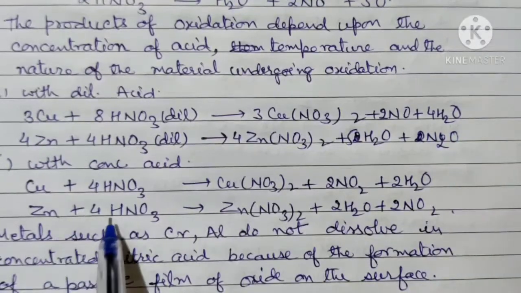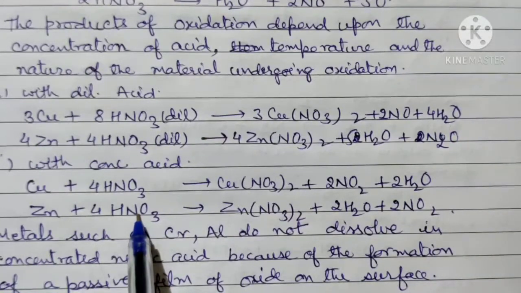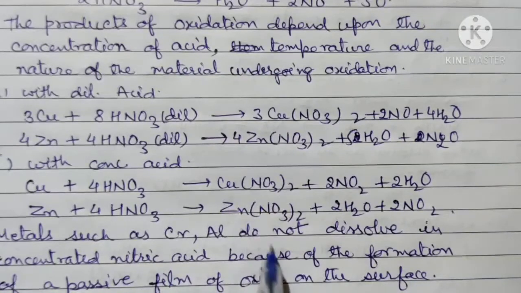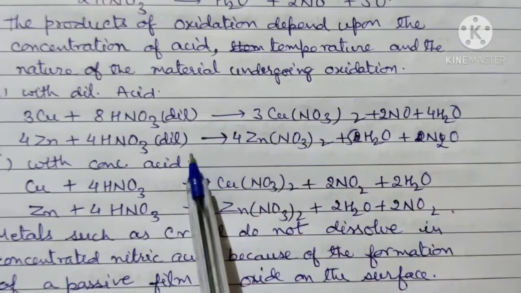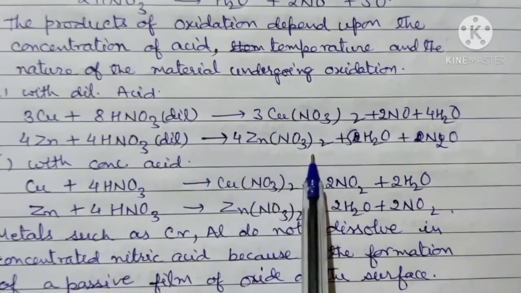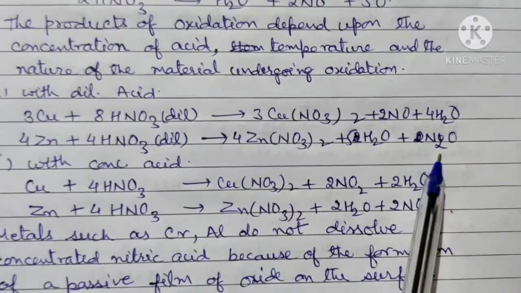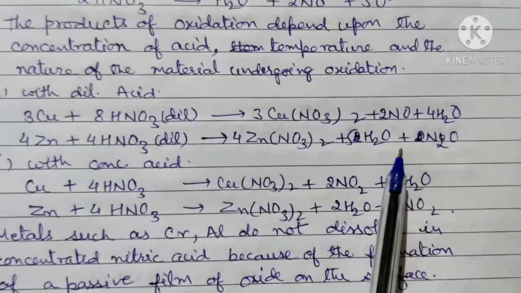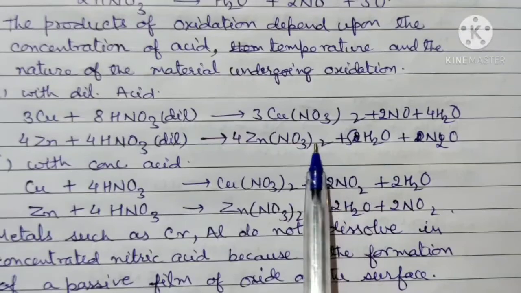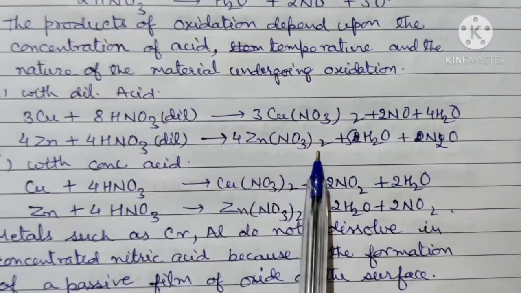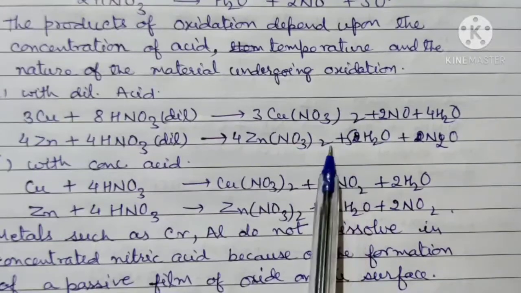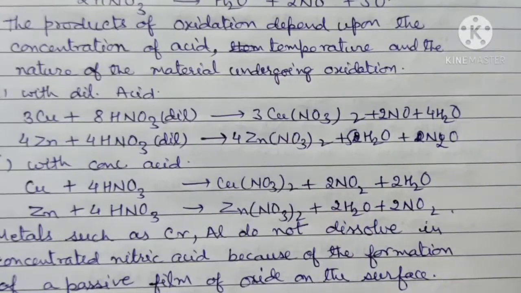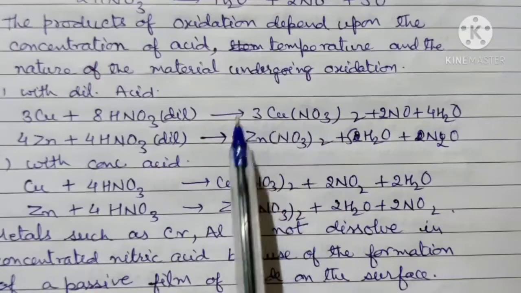Same with zinc metal: when it reacts with nitric acid, it is converted into zinc nitrate, water and nitrous oxide. And sometimes when we are taking very dilute acid, you will get nitrous acid, and when you are taking 50%, you will get nitric oxide. So this is the way in which we can explain the oxidation reaction.